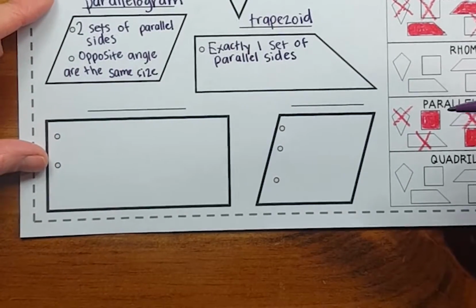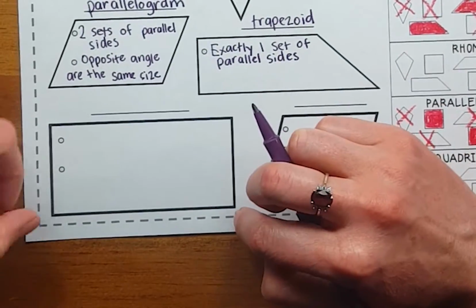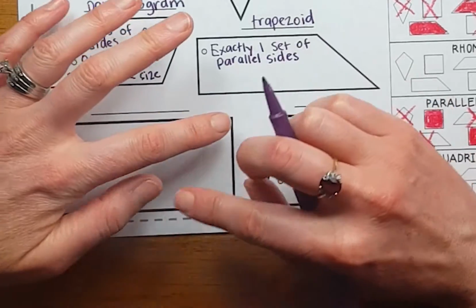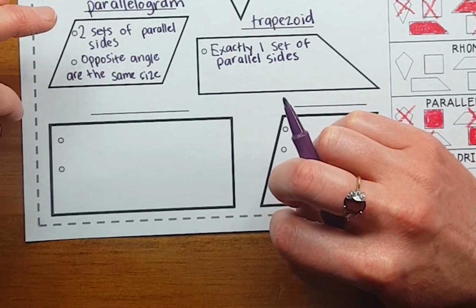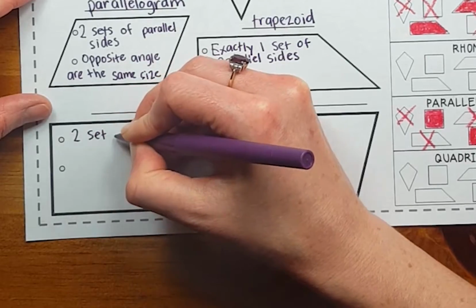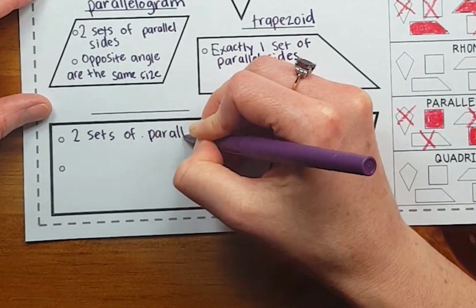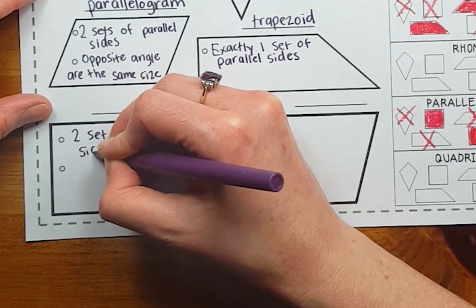Let's look at this shape. What do we notice? First, let's look at its sides. I can see that it has two sets of parallel sides.